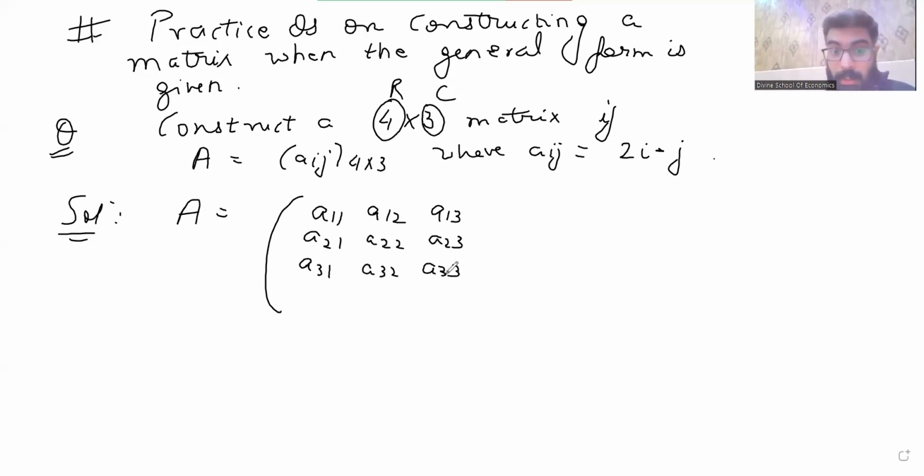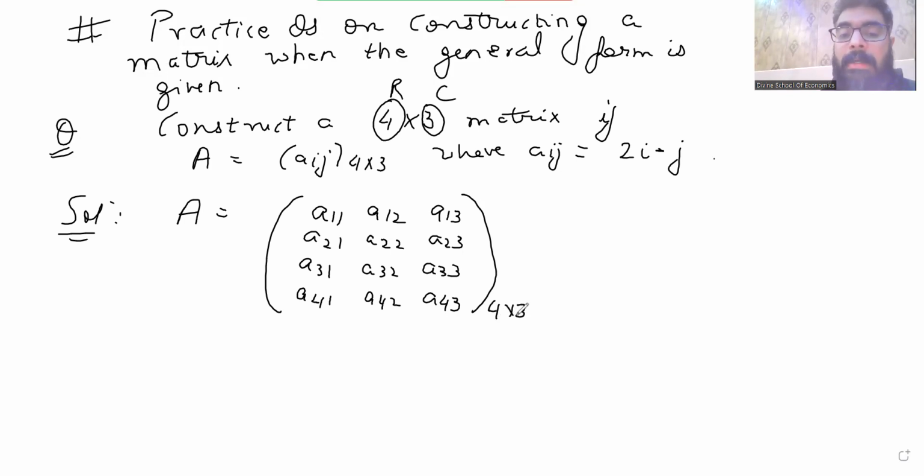These are the elements of the third row. And how many such rows do we have? 4 rows. So I'm now writing the elements of the last row, A41, A42, A43. This is the form of the matrix A, which is a 4 cross 3 matrix. Clearly, it contains 4 rows and 3 columns.